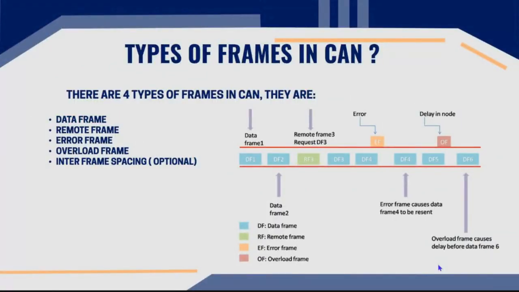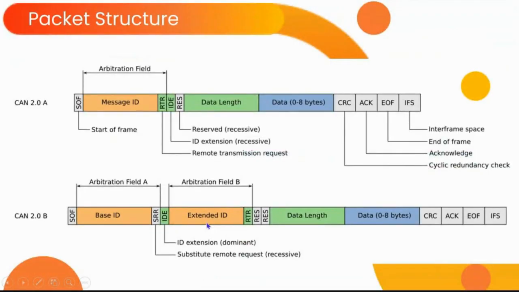What are the types of frames in the CAN? We have the data frame, remote frame, error frame, overload frame, and interframe space. Here we have the two versions of CAN, CAN 2.0A and CAN 2.0B.